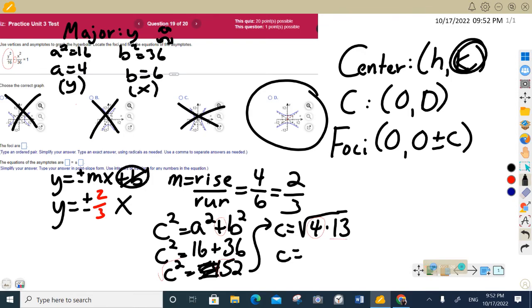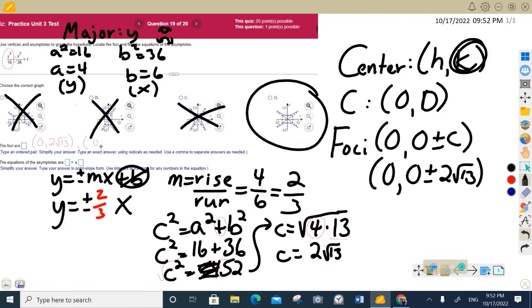So the square root of 4 is 2, and then radical 13 is what you're left with. So over here, we have 0, 0 plus or minus 2 radical 13. As ordered pairs, they want you to write them as two separate ones: 0, 2 radical 13, comma, 0, negative 2 radical 13.